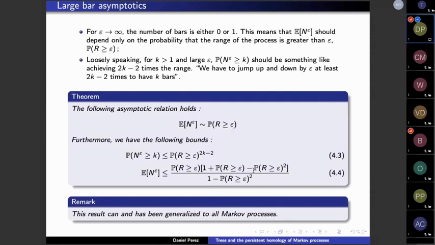And furthermore, you can also bound the density of the process in the following way. So again, the probability of n epsilon being greater than k is less than or equal to the probability of the range being greater than epsilon, again, because you sort of have to jump up and down 2k minus 2 times. And since the process is Markov, then all of this is, quote, independent. And so in a way, this is why you have this product happening.